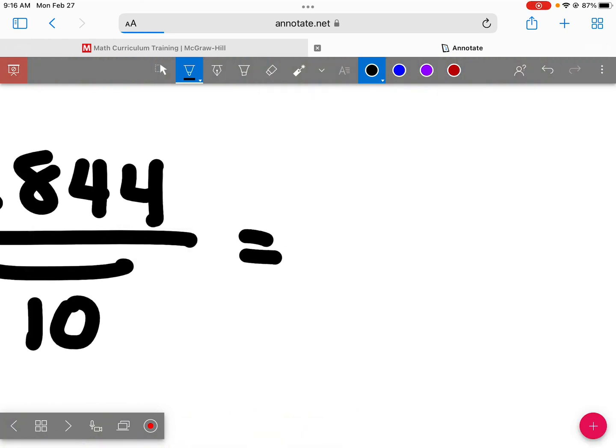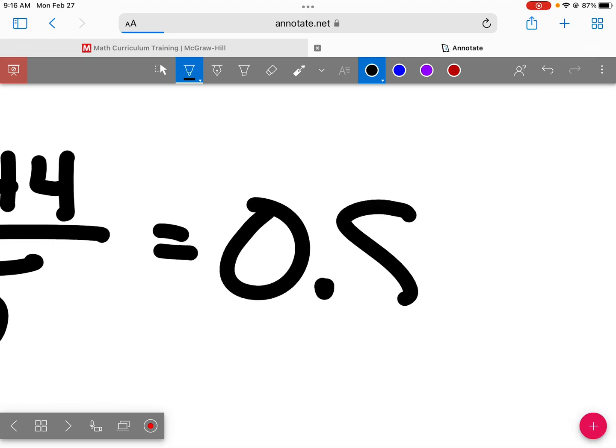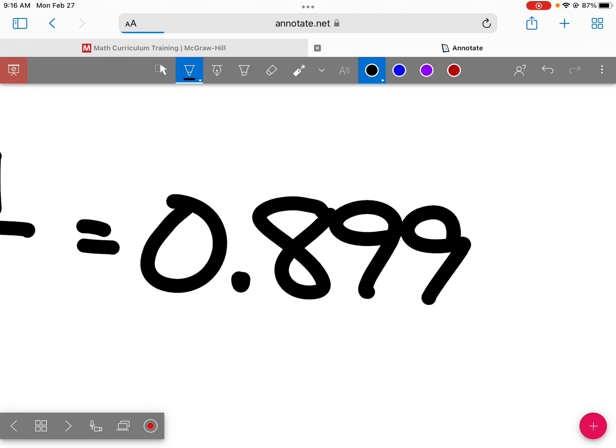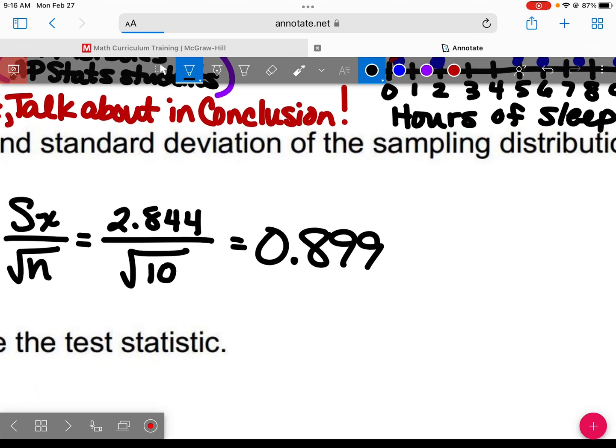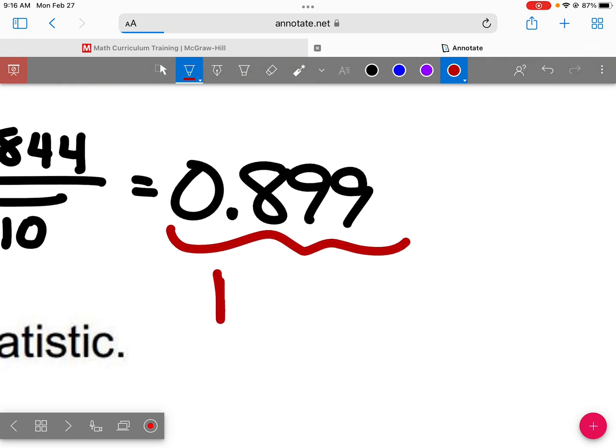We get about what? 0.899. Remember, this is our standard error of X bar.